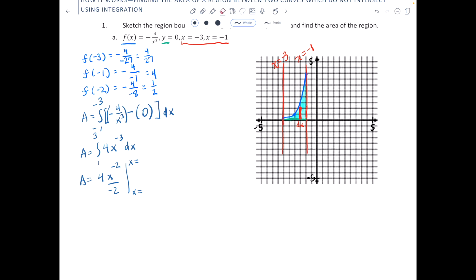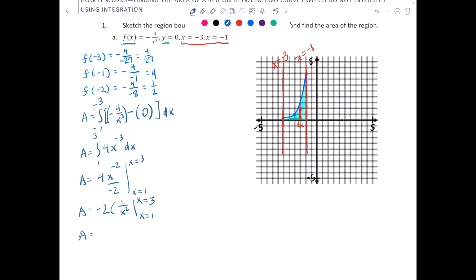Going from x is 1 to x is 3. Now I'm going to clean this up just one more time. We'll end up getting -2 times (1 over x squared) from x is 1 to x is 3.